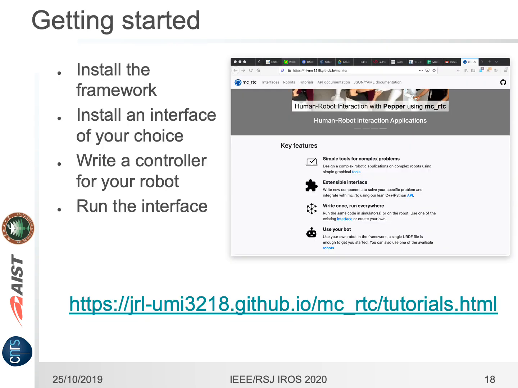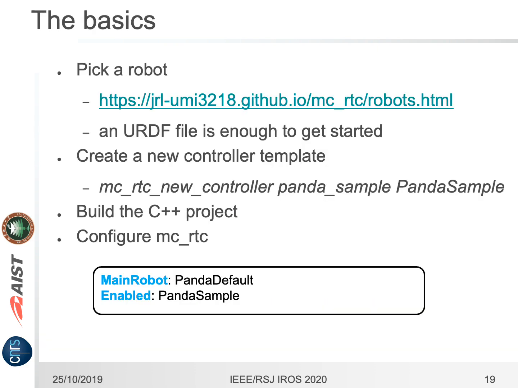In order to get started with the framework, you could install the framework directly from the website, install the interface of your choice, write a controller for your robot, and run the interface. In this slide, we show how we go on to write a very basic controller for any robot. Well, first, get a robot, either a complete robot module or simply your URDF file.